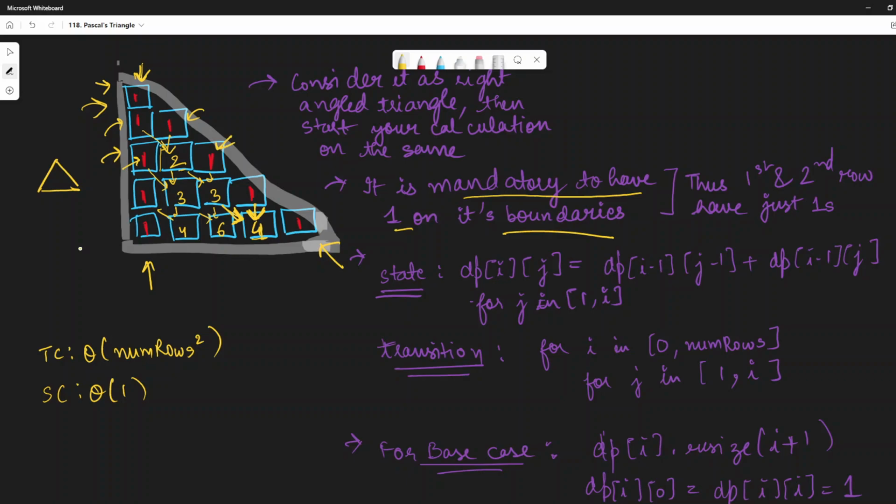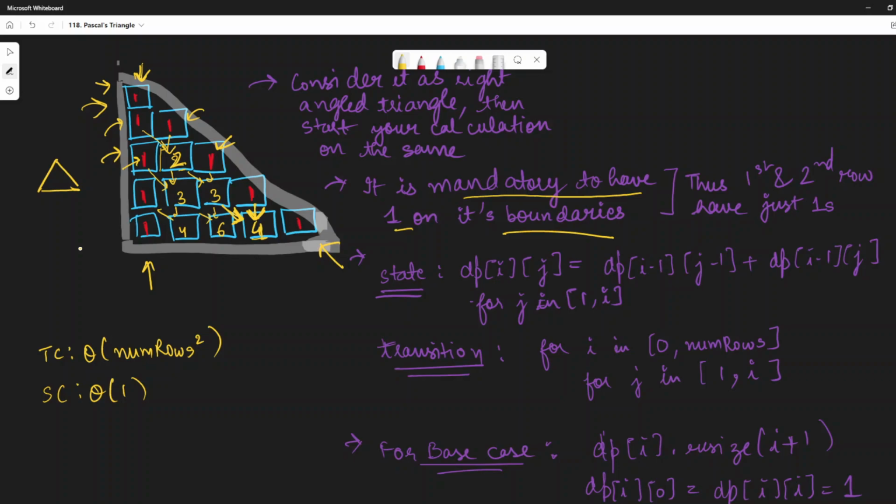Now this middle column would be the sum of the immediate above and the immediate before, above and before column. That's why we have added 2 here. So this is how the whole triangle would be constructed.